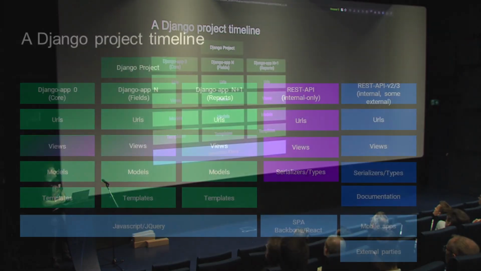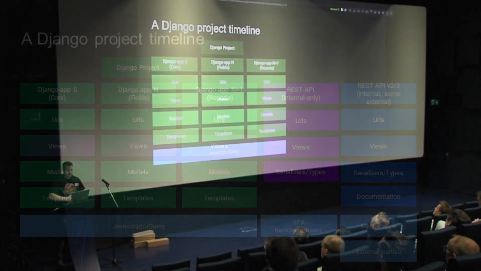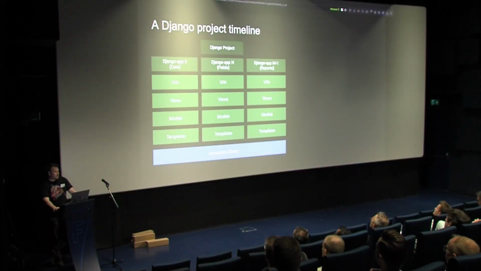Let's start. Basically, the Django project timeline in a really condensed way is you start a project, and sometimes you start with a single app, like a Django core app. It contains some models, some views, some URLs, maybe some templates. Sometimes you slap on some JavaScript or jQuery to the templates, and it's very simple.